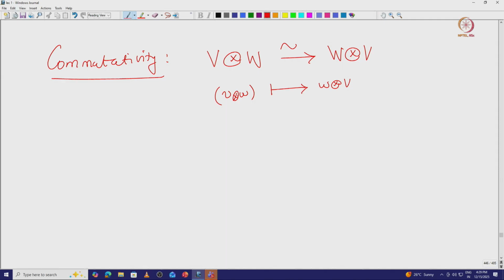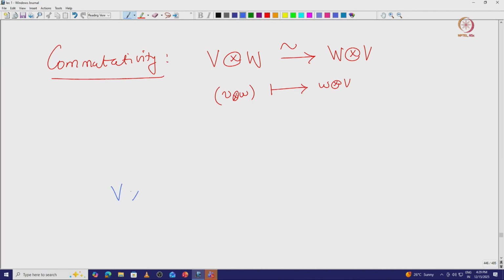Okay, let me just demonstrate how to prove this, because this is what helps us understand how to work with the tensor product. In case we are interested in constructing a map from the tensor product to any other vector space, we need to use the universal property.